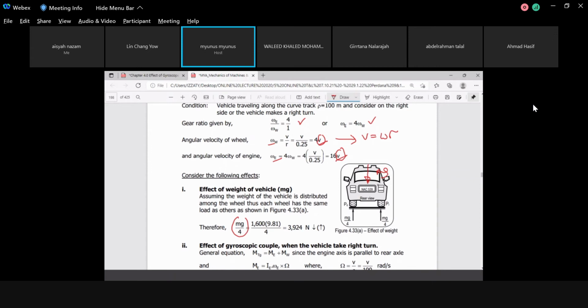This one is on the wheel, toward the surface. This one is on the wheel from the surface. This one is the action, and this one is the reaction. As I mentioned earlier, yesterday, if you hit a solid wall, the solid wall won't hit you back, but you will feel the pain.